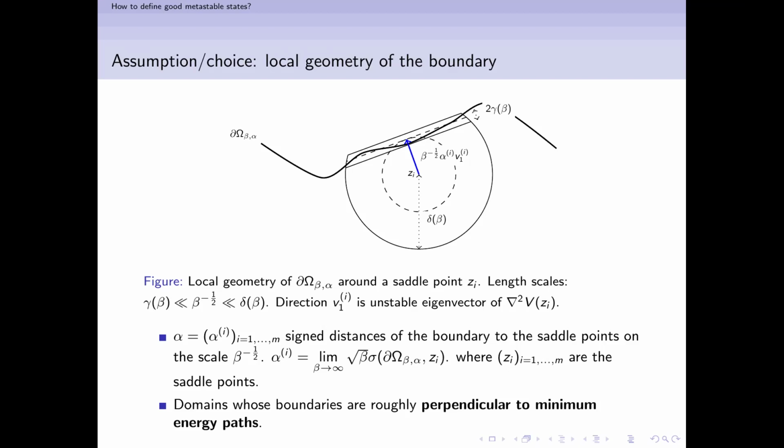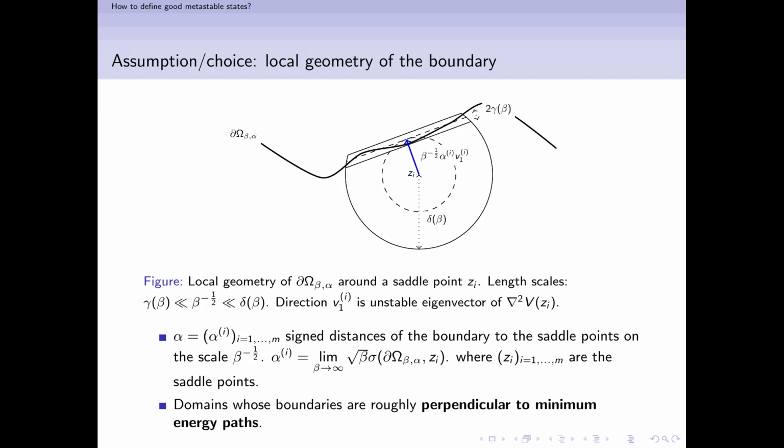And so this is the parameterization we choose, but it's somewhat natural, because we know that the minimum energy path at the saddle point is going to be tangent to this vector. So what we're saying basically is we're looking at domains which are roughly perpendicular to the minimum energy path around the saddle.